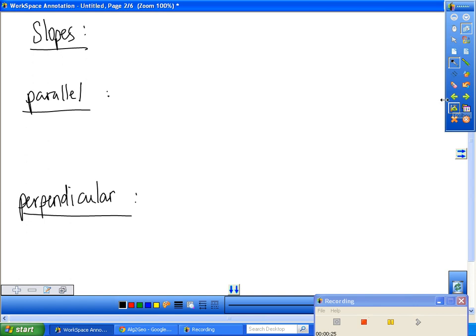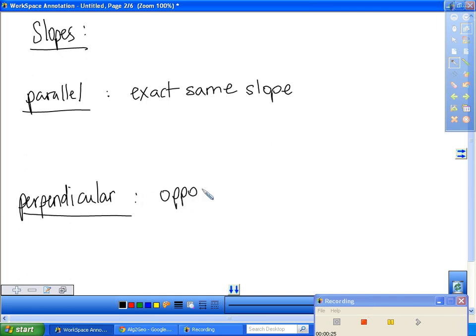So, what do parallel and perpendicular slopes look like? If we're going to be writing equations of parallel and perpendicular lines, we need to be able to recognize their slopes. So parallel lines have the exact same slope, and perpendicular slopes are opposite reciprocals.